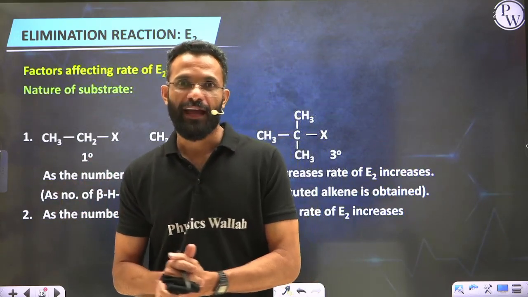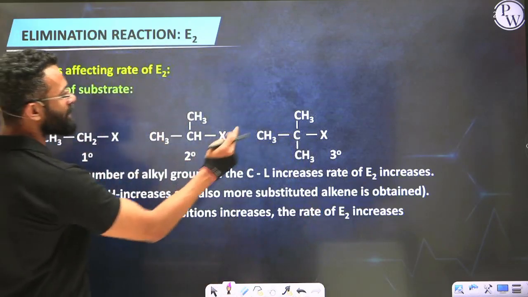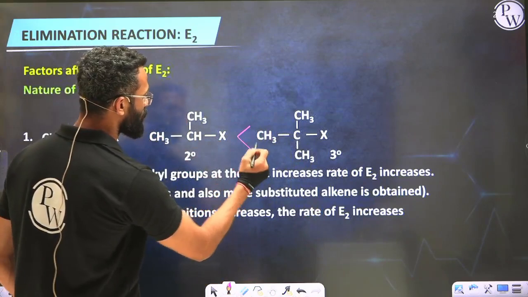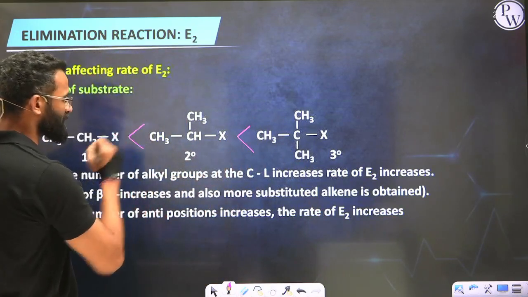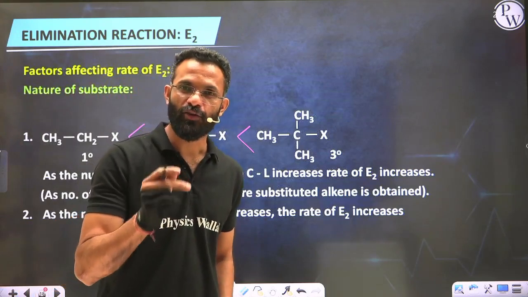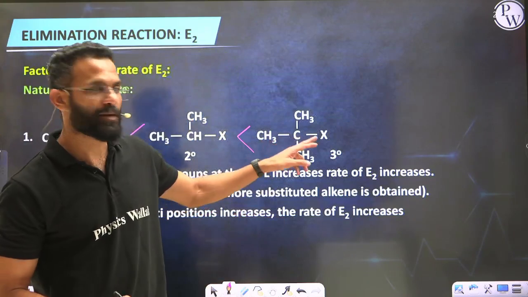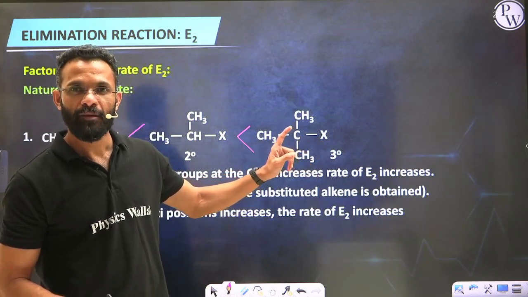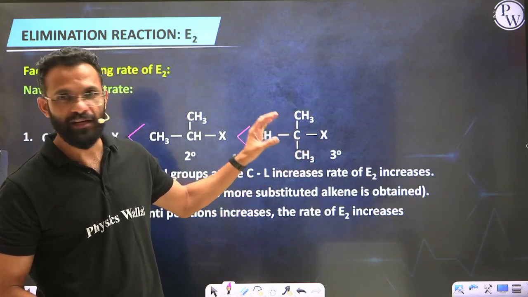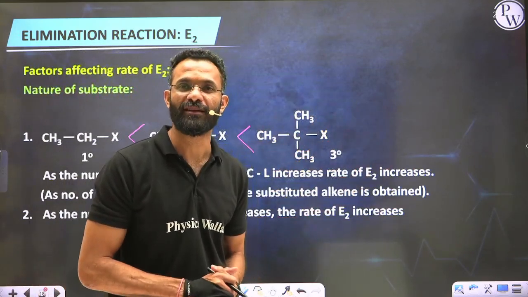That's why as the number of alkyl groups on the carbon carrying the leaving group increases, the rate of E2 also increases. So there are two common reasons for the rate of E2 to increase with the increase in the number of alkyl groups at the carbon carrying the leaving group. Number one, for such a more substituted alkyl halide, the alkene obtained will be a more substituted alkene.